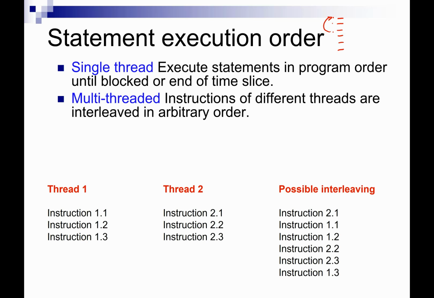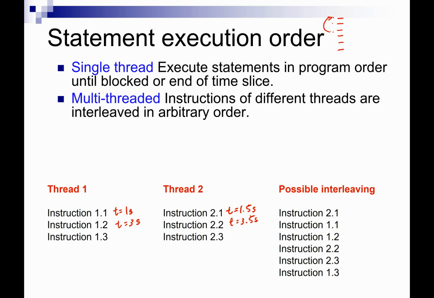Because, for example, this might happen at time equals 1 second, and maybe this instruction happens at time equals 1.5 seconds, and then this might happen at 3 seconds, and this happens at 3.5 seconds.